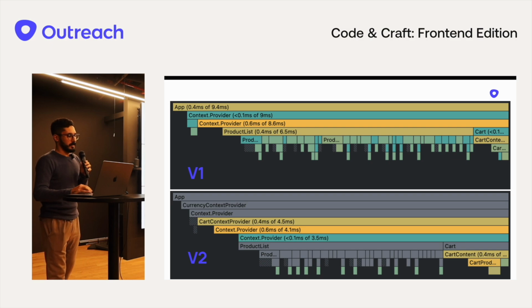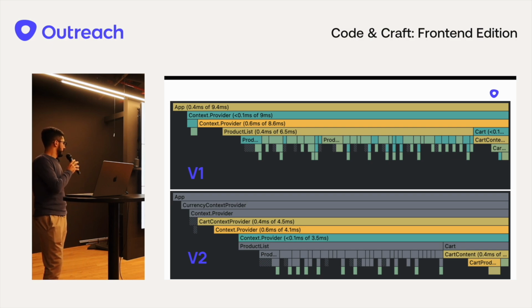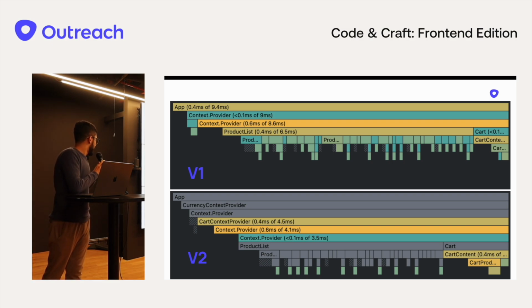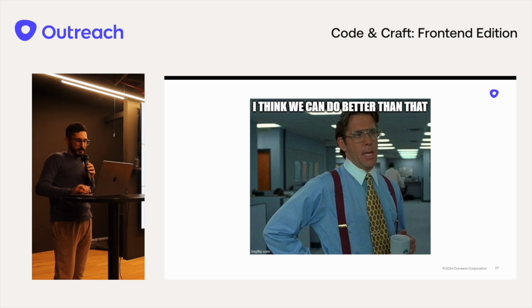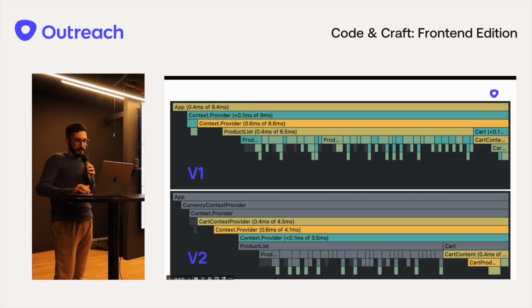So basically that is all that's required of me to do my job properly. And this is already amazing. But I think I can do better than that. Especially if we look down here at these small widgets or components.